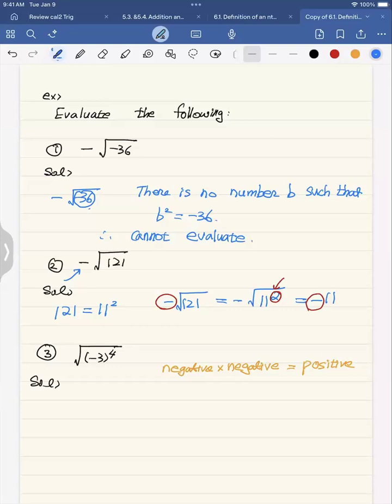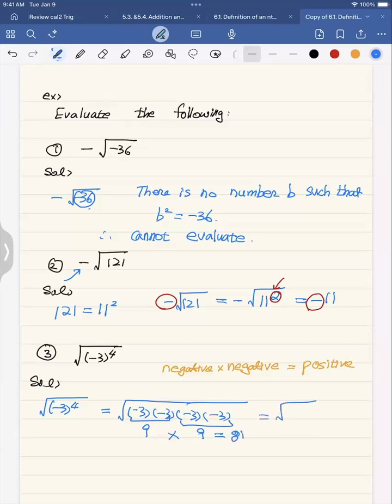In the next problem, we have square root of minus 3 to the 4th power. When we consider this, we have to think about what the actual number is. When we multiply -3 four times, this one is 9 and this one is 9. 9 times 9 will make 81.